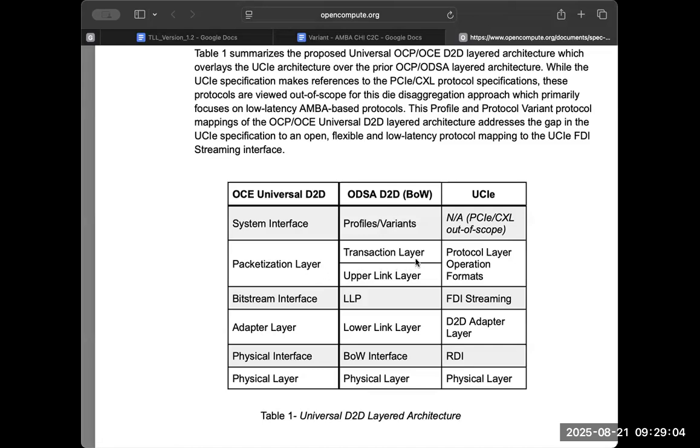The packetization layer here, we've got the transaction and upper link layer is what David was breaking. He broke it into upper link layer and lower link layer. In the TLL spec, I don't think they're clearly defined, so maybe that's something we work on over time, such that we have a more PHY agnostic document for the link layer, the transaction link layer.